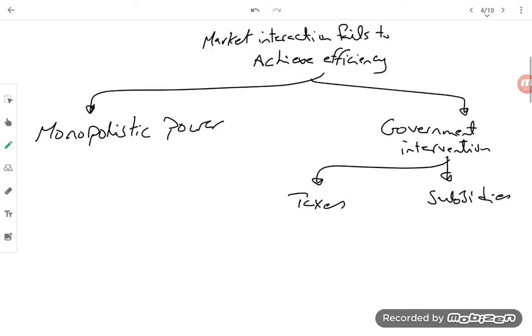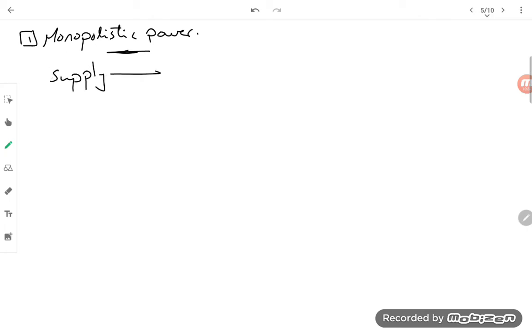So let's start with monopolistic power. As we said, monopolistic power means that the supply side influences the price, has some control over the price.